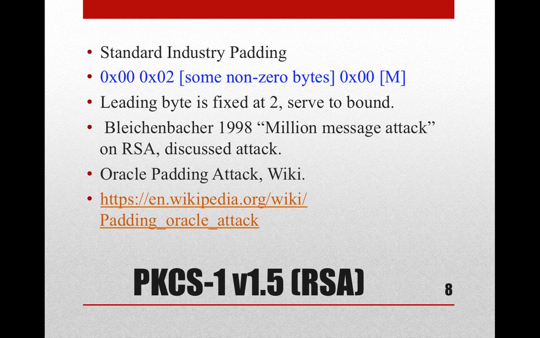This is called a padding oracle attack, and the idea is that you're sending these messages to an oracle or a server, and what information you get back is whether or not the padding is correct. That's basically all you need. That's the information that's being leaked, and from that you can over time put together the message.